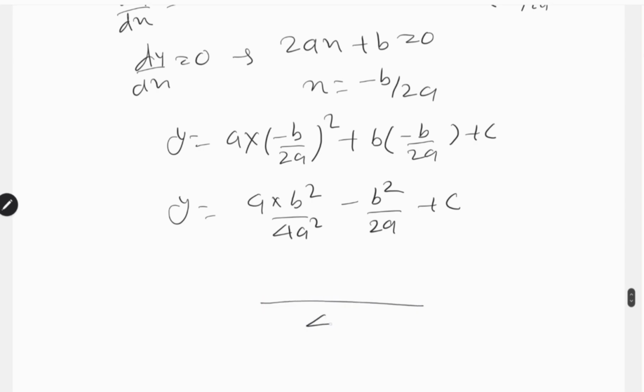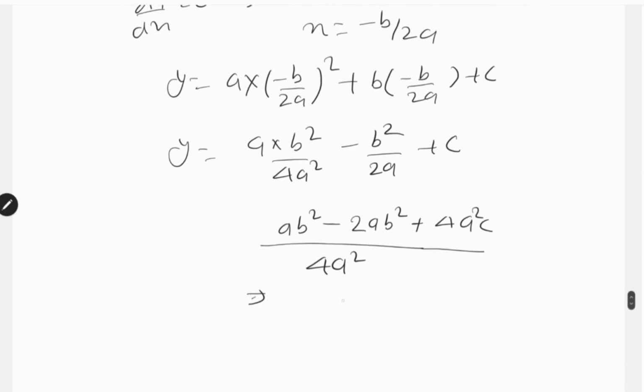Okay, then LCM is equal to 4a square, then a b square minus twice a b square plus 4a square c, that is negative a b square plus 4a square c by 4a square.